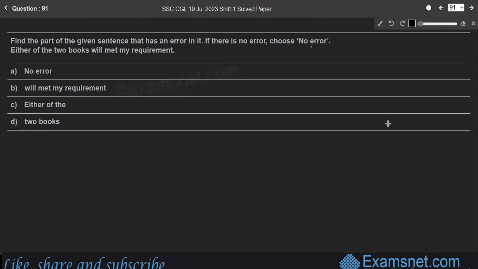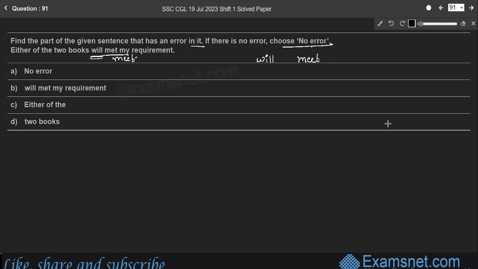Question 91. Find the part of the given sentence that has an error in it. If there is no error, choose no error. The sentence is: either of the two books will met my requirement. Because of the helping verb will, we have to use the main verb meet: either of the two books will meet my requirement. Therefore, this part, will met my requirement, has an error in it.